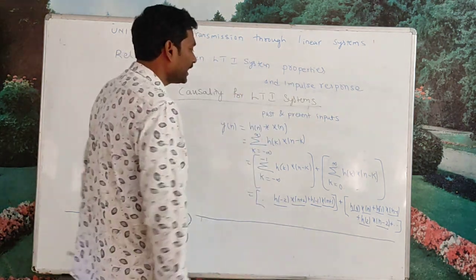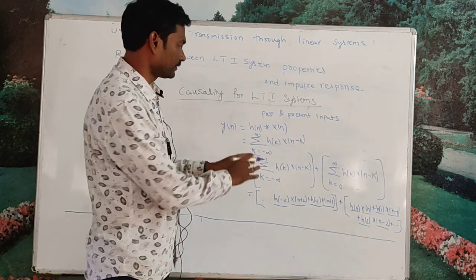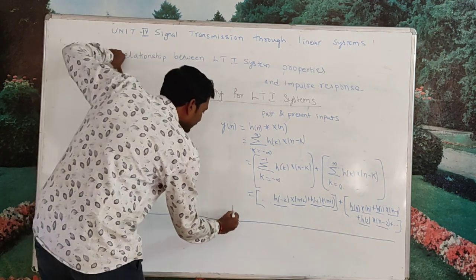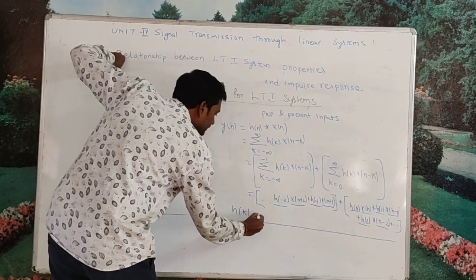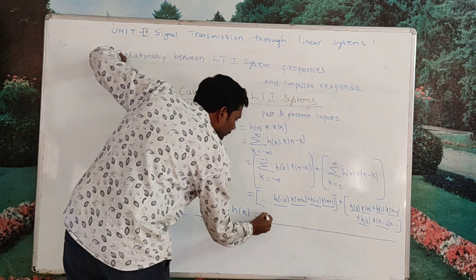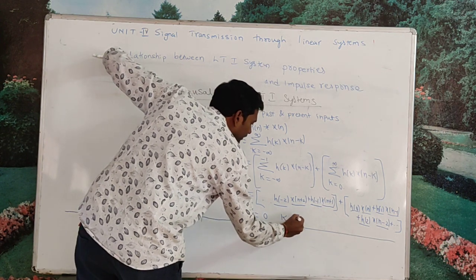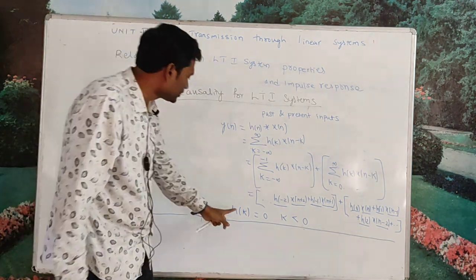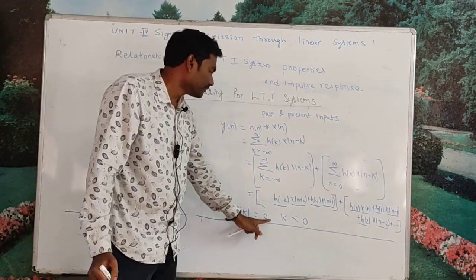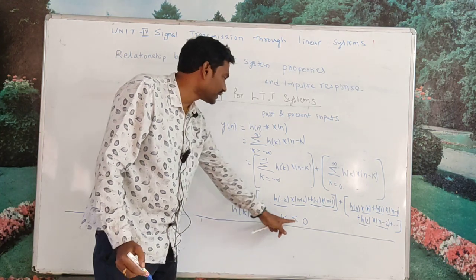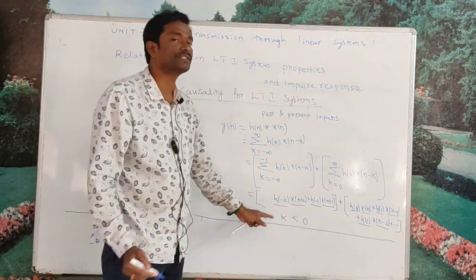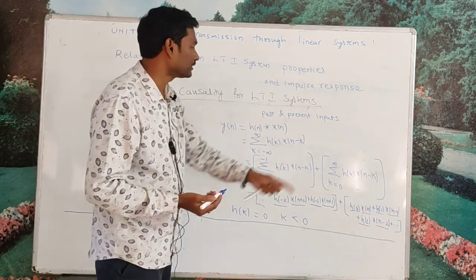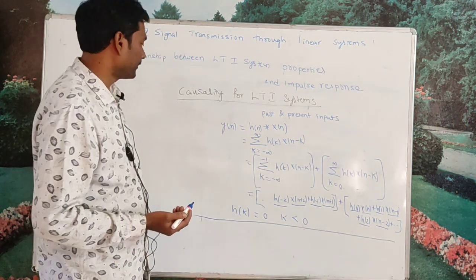From this we can derive an equation. In terms of impulse response, h of k equals 0 for k less than 0. That means it should exist only for positive values of k, but not for negative values of k.